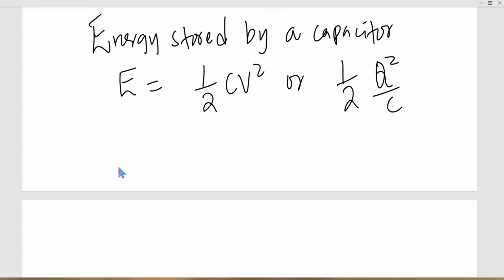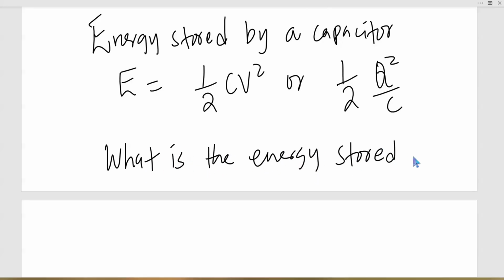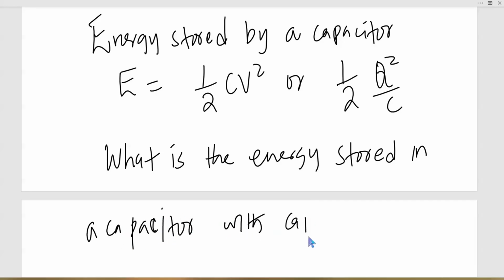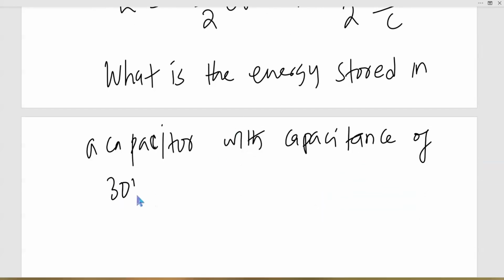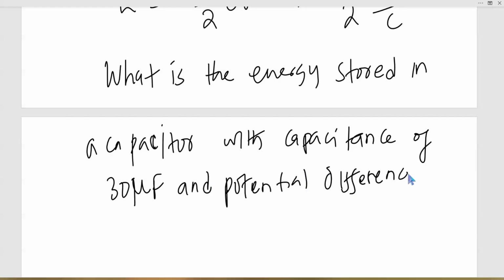Someone can ask you, what is the energy stored in a capacitor with capacitance of, let's say, 30 microfarads and potential difference of, for example, 50 volts.